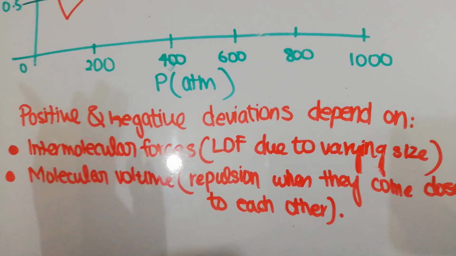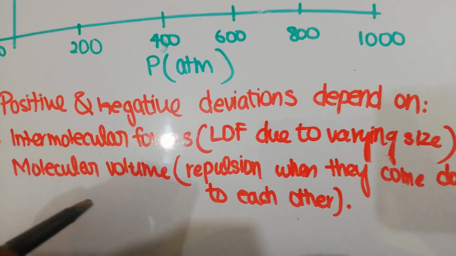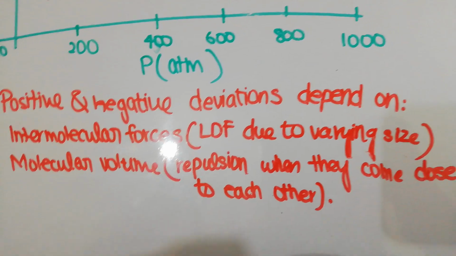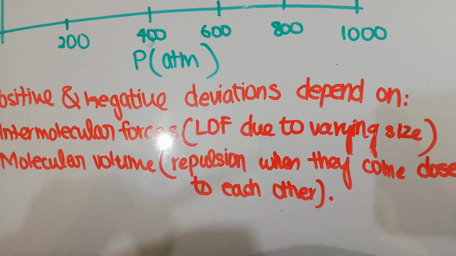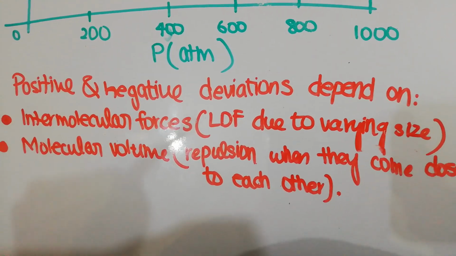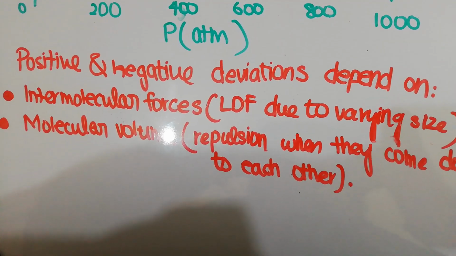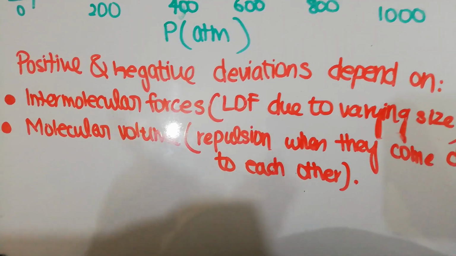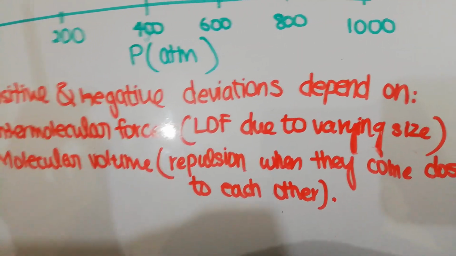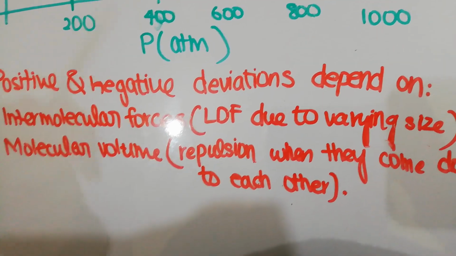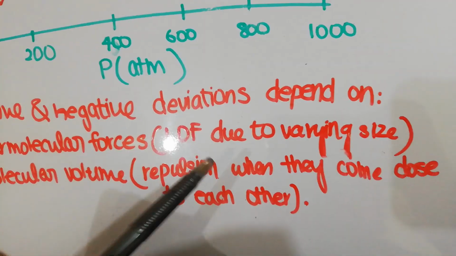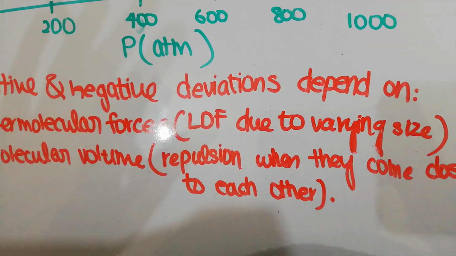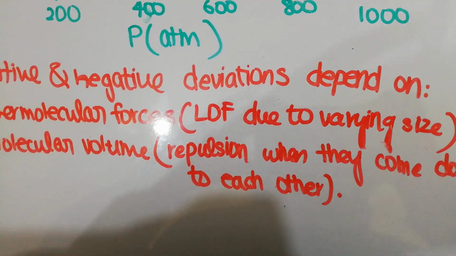The molecular volume has to be considered when you are talking about real gases, because when real gases are compressed and a lot of pressure is applied on them, the volume of a single gas molecule does not become negligible anymore. It is something. So there's going to be repulsion when they come close to each other, and that's why it's going to show deviation.